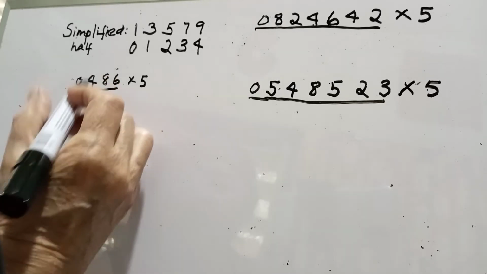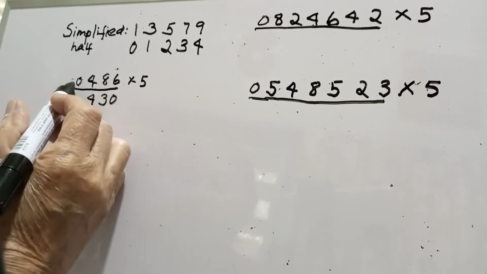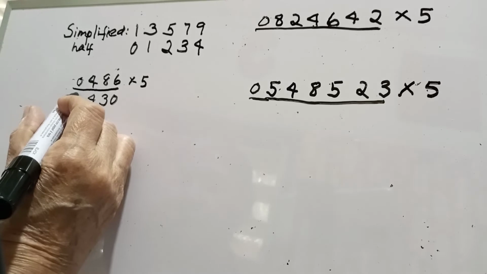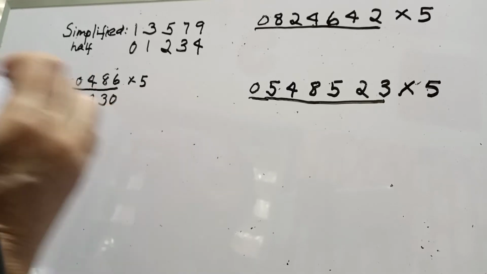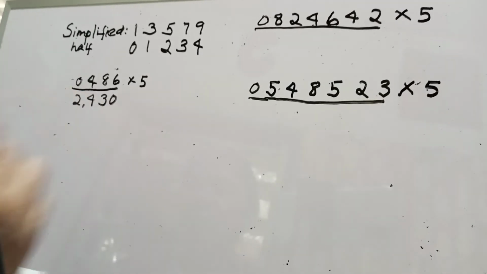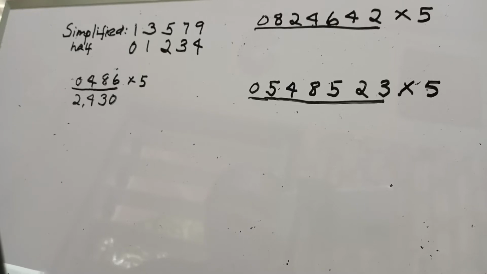So half of 8 is 4. 0 is even. So half of 4 is 2. So the answer is 2,430. Very simple and very fast. When you make it fast, it's really fast, just a few seconds.